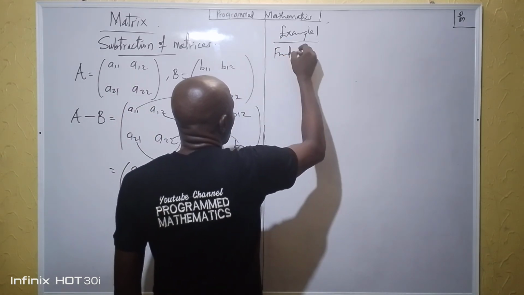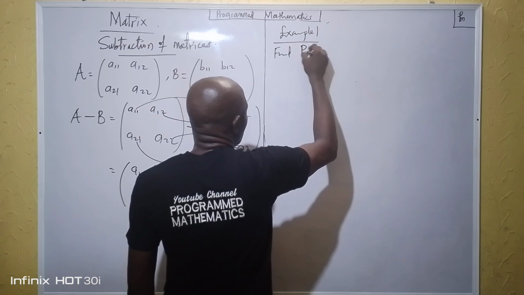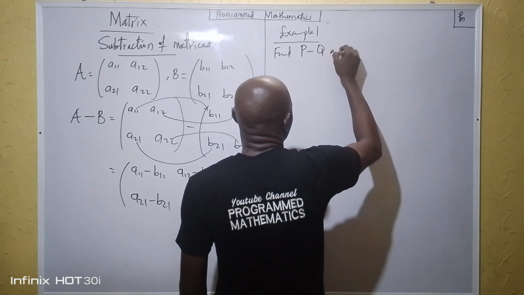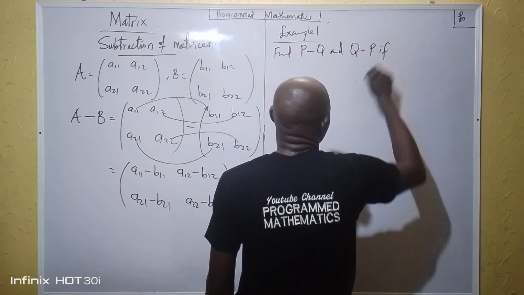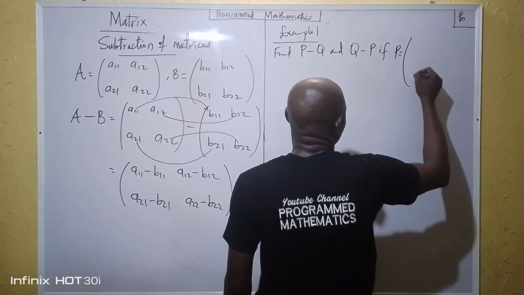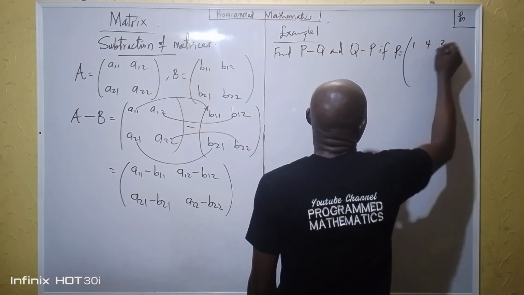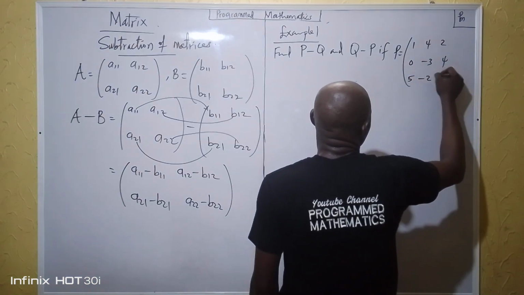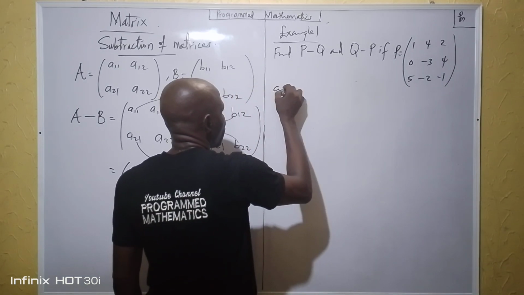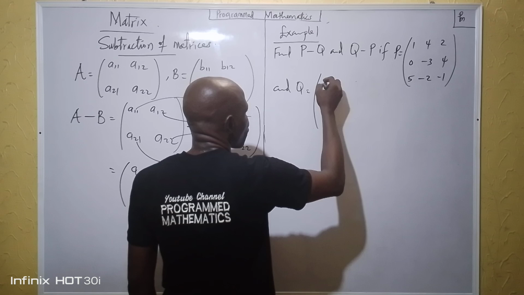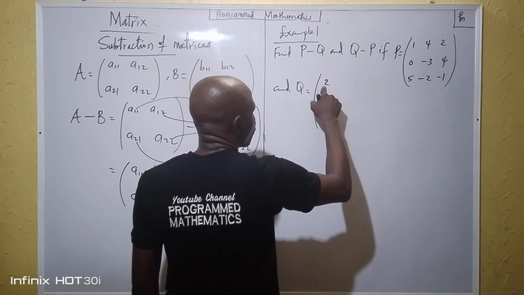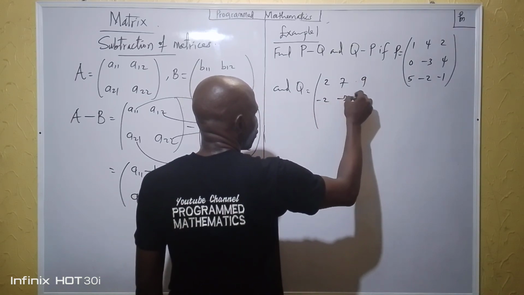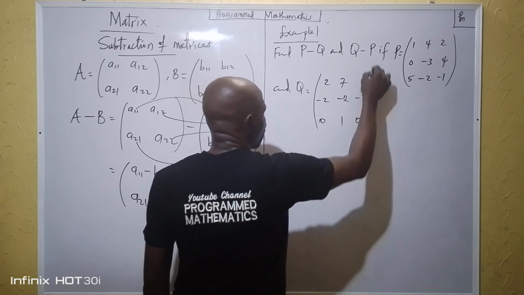So we want to find P minus Q and Q minus P if matrix P is the matrix 1, 4, 2, 0, minus 3, 4, 5, minus 2, minus 1, and matrix Q is 2, 7, 9, minus 2, minus 2, minus 2, 0, 1, 0.